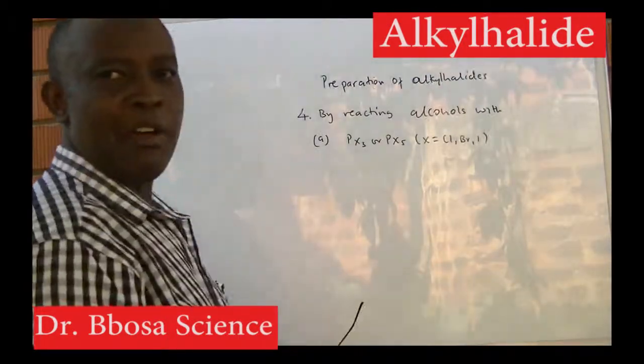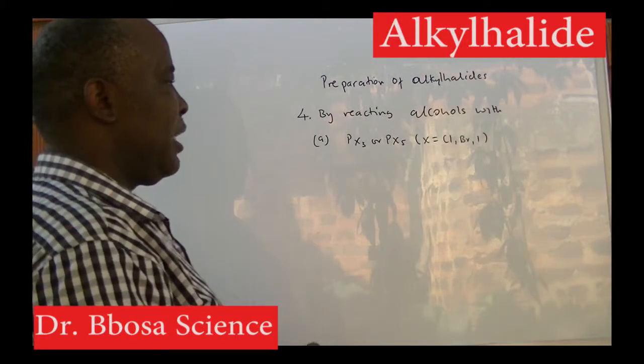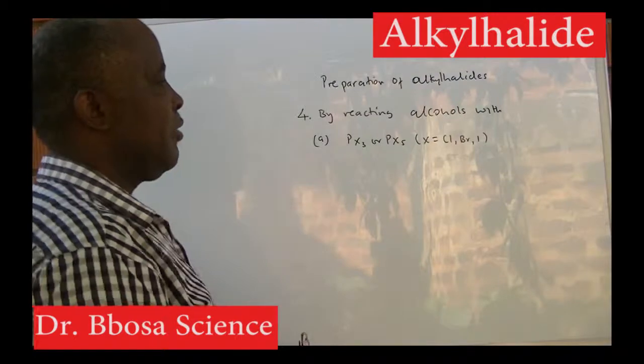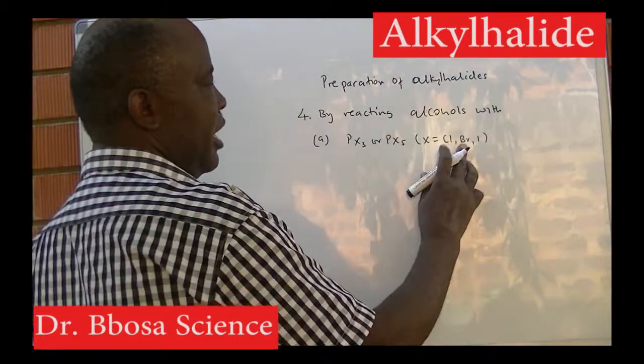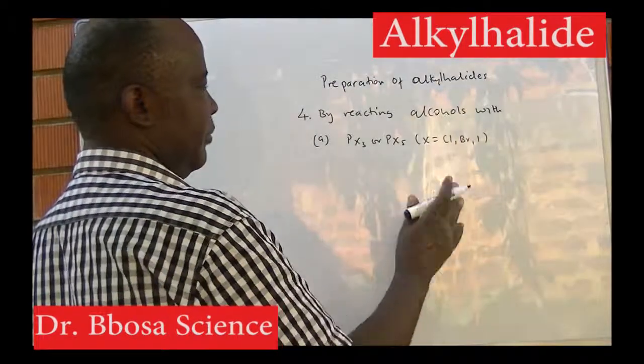4. We can prepare alkyl halides by reacting alcohols with PX3 or PX5, where X is bromine, iodine, or chlorine.